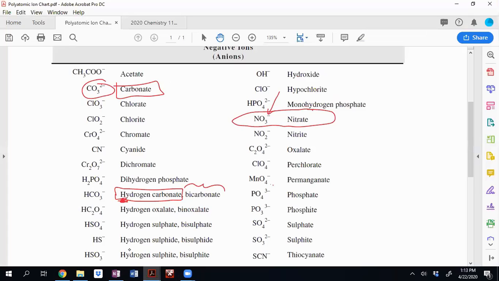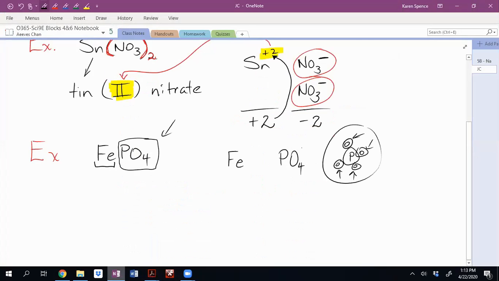PO4, it has a 3 negative charge. Hurrah. We go back. It has a 3 negative charge, meaning my overall negative charge is -3. The positive charge has to cancel that out, +3. And then we distribute it. Oh, there's only one place to put it, so the charge is 3 plus.